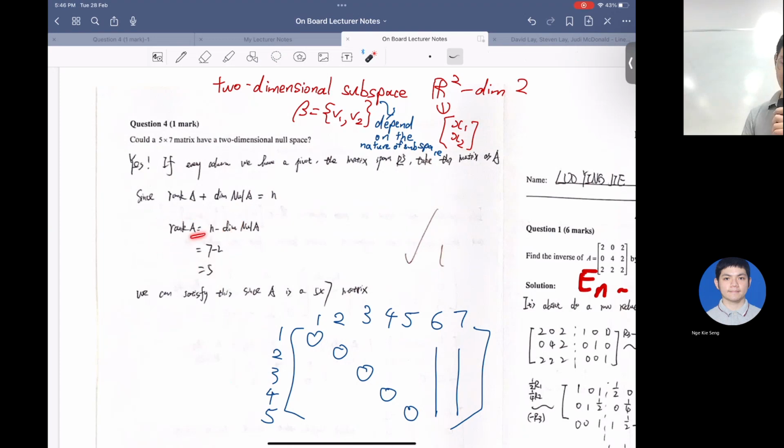So we can take rank A equal to 5. This means every row is a pivot row. Then we get that the dimension of the null space is 2. Any question?